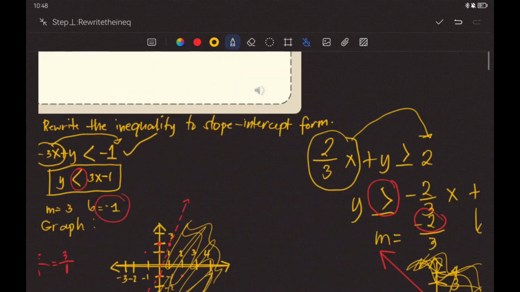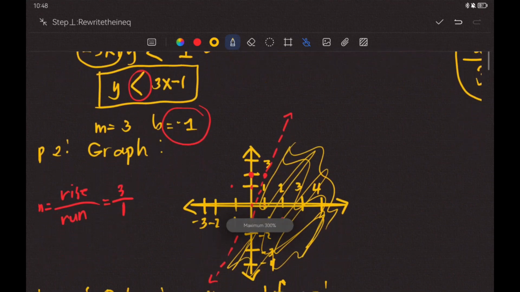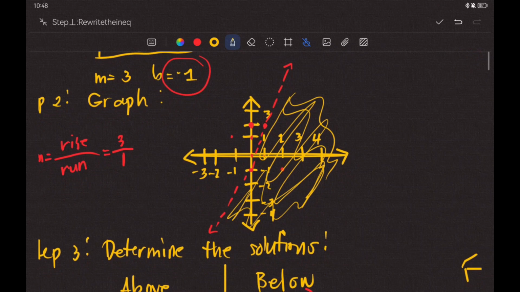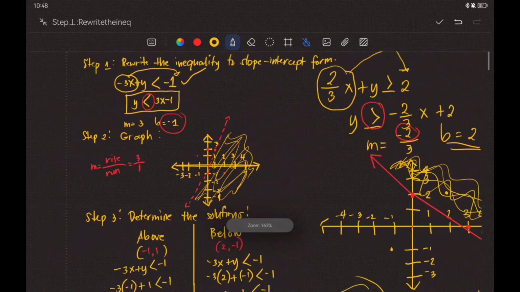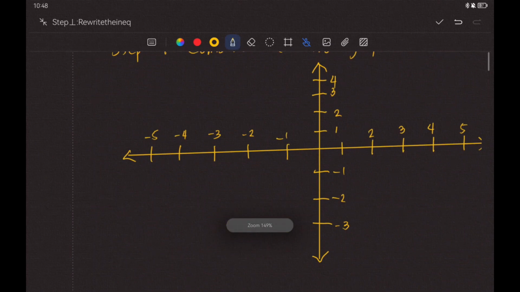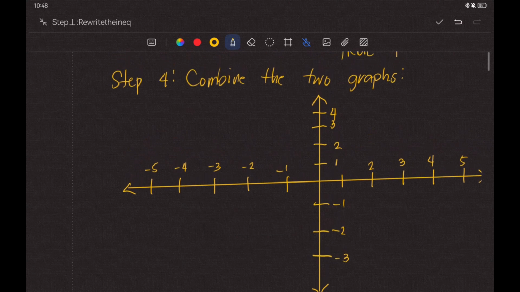So our points here for graph number 1, we have 1, 2, and negative 1. So the first point is here. The second point is here. Connect that using a broken line, because this is the graph for the first inequality.